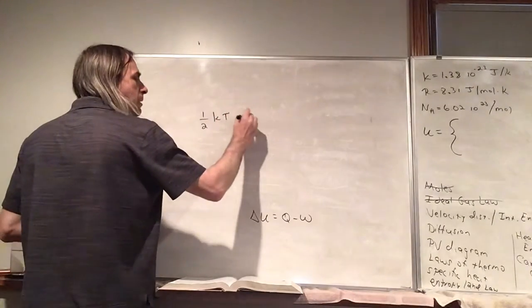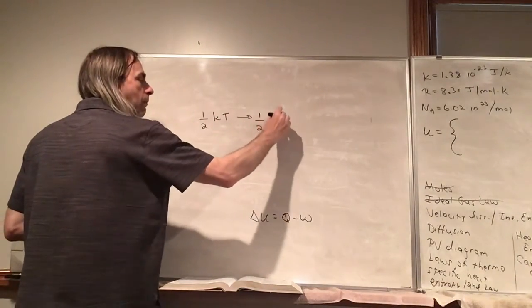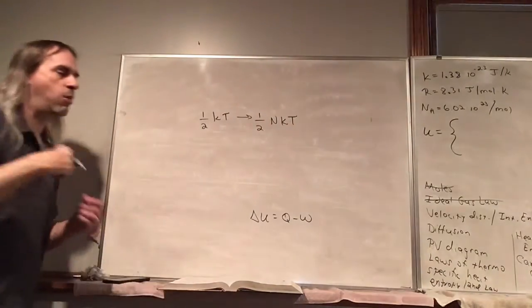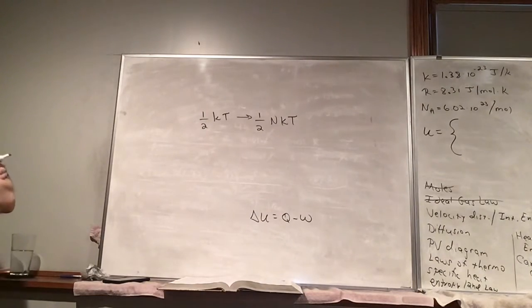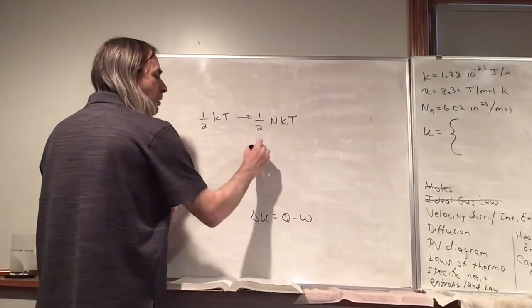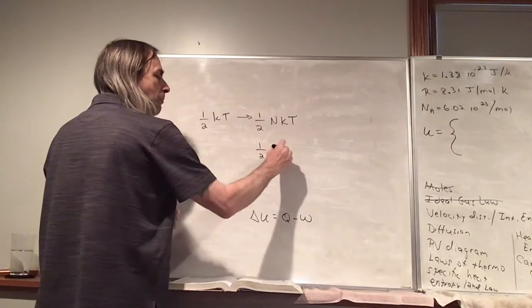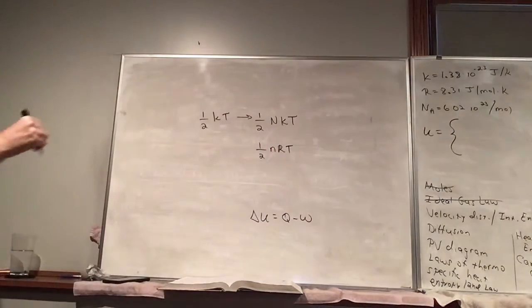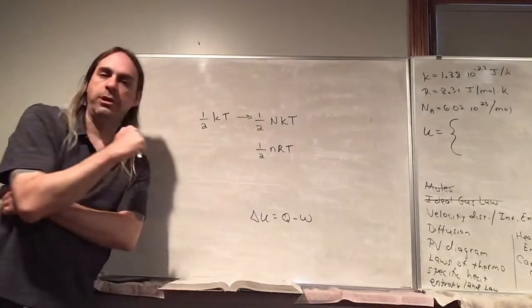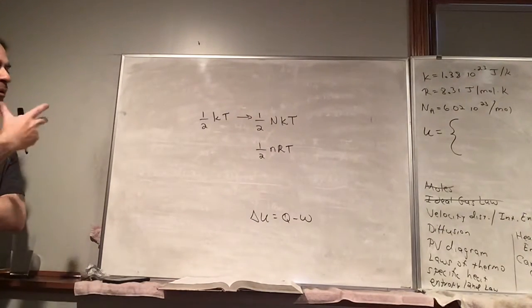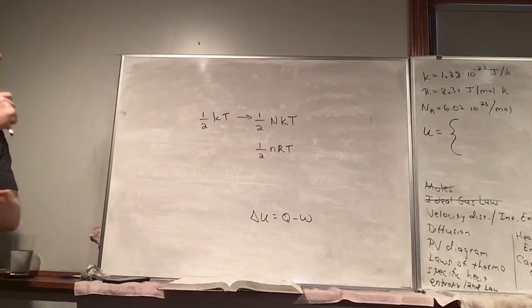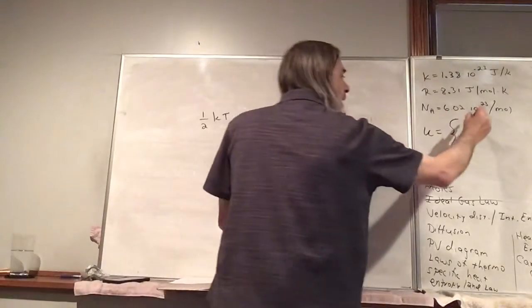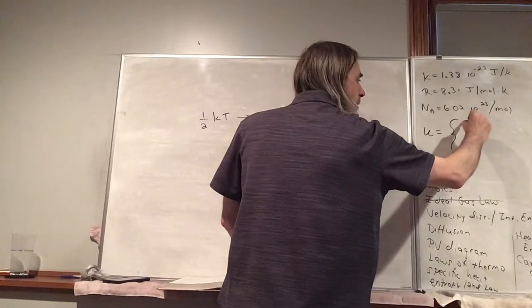So if you have a gas, that'd be 1/2 nkT, where n is the number of atoms or molecules. You could also write this as 1/2 nRT, lowercase n times R. So this is for every type of motion it has available to it. And there's always 3 for kinetic energy. It can move in the x direction, y direction, and z direction. And for a monatomic gas, that's all we have. I'll just use the lowercase n.